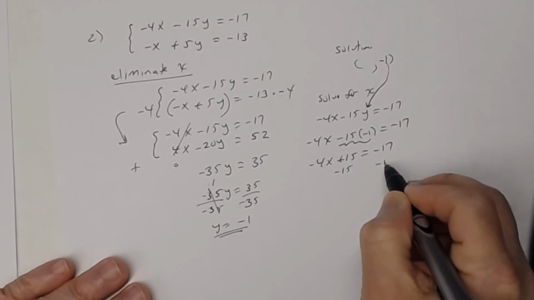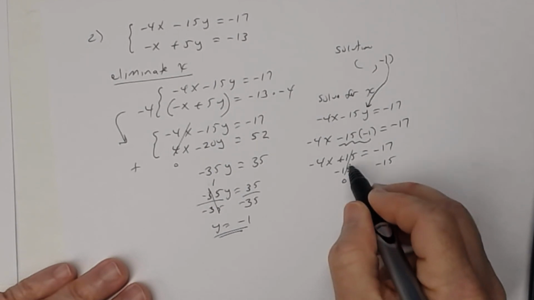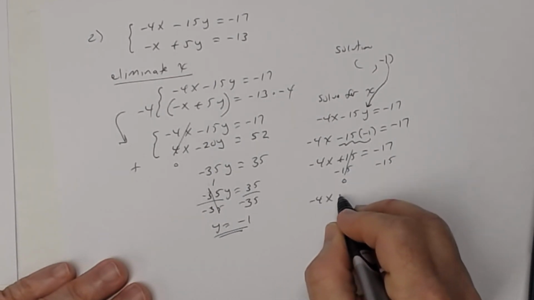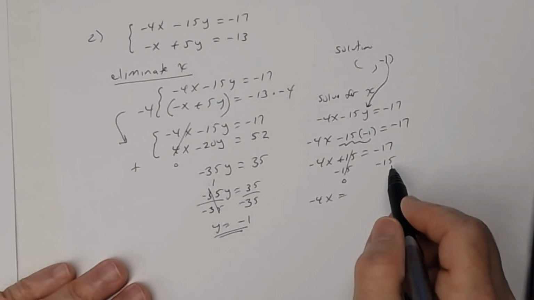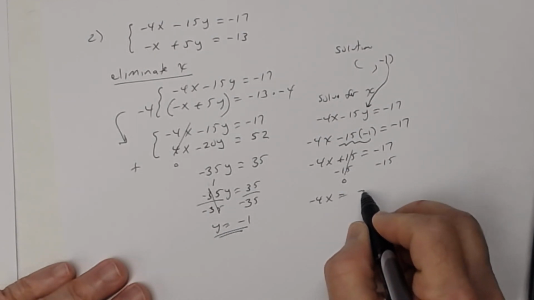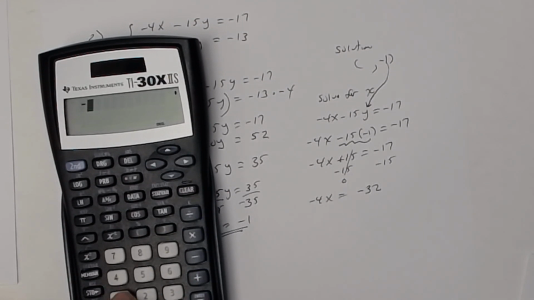Subtracting 15 from both sides, solving for x is a linear equation. This is 0. Negative 15 plus positive 15 is 0. I get negative 4x equals a negative 17 and a negative 15 is a negative 32. So if you have to use your calculator, use your calculator. Negative 17 plus a negative 15 is a negative 32.